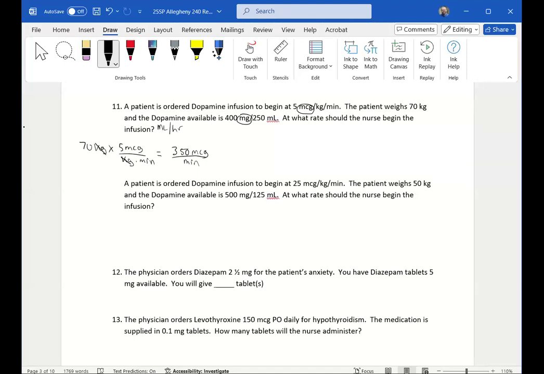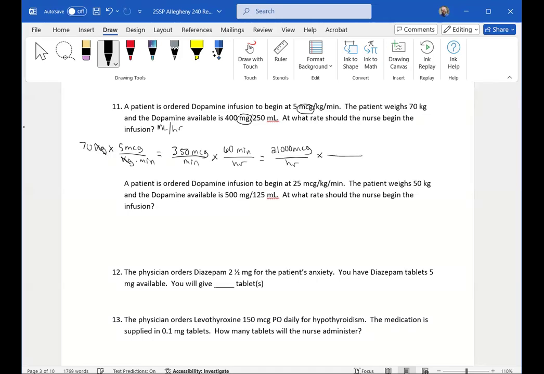So I'm going to multiply by 60 minutes per hour. 350 times 60 gives me this big number, 21,000 micrograms per hour.